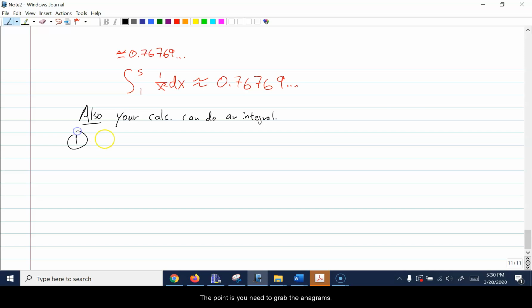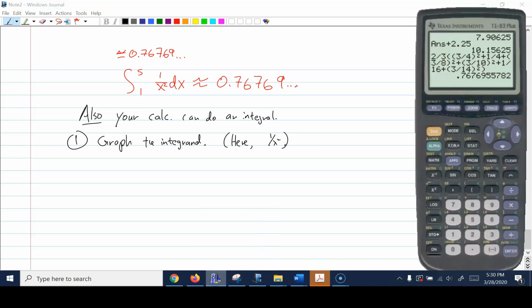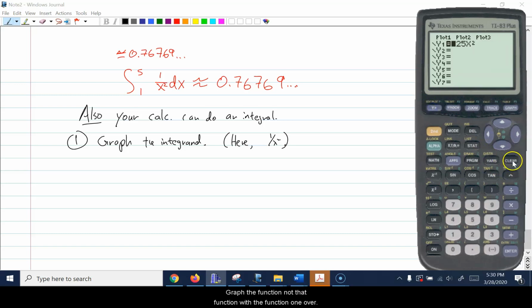Step 1 is you need to graph the integrand. Here, that's 1 over x squared. I go to y equals and graph the function, 1 over x squared. This is the default window from -10 to 10.